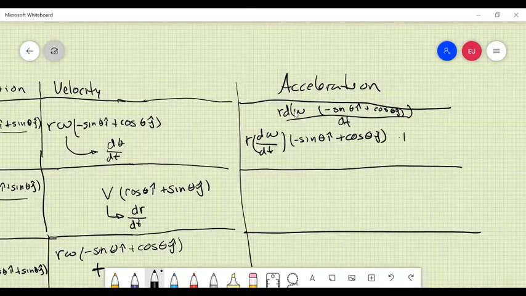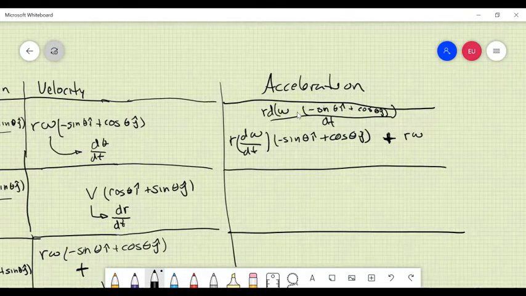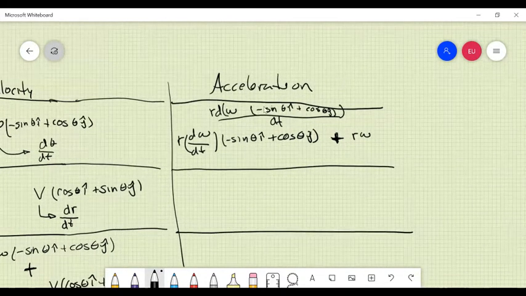And plus, I keep the first one as it is, so I'll have r omega, and I derive whatever is inside the parentheses.